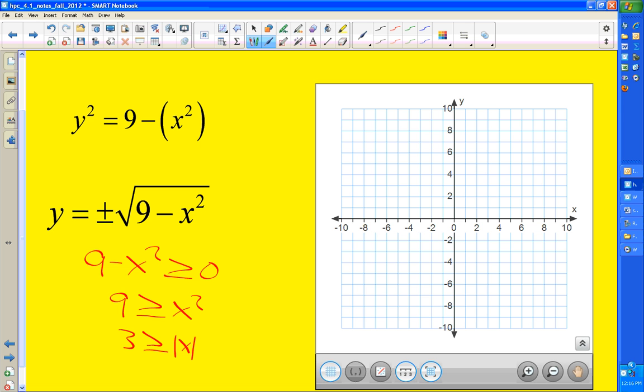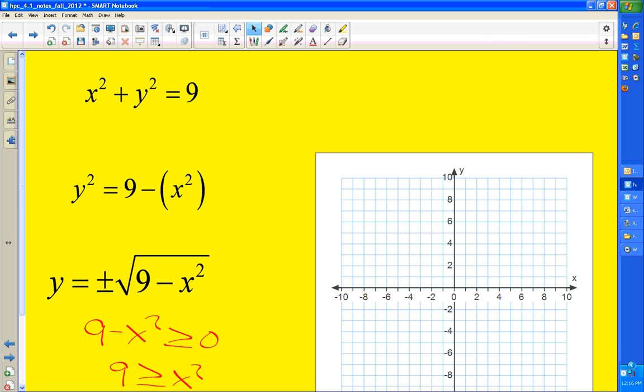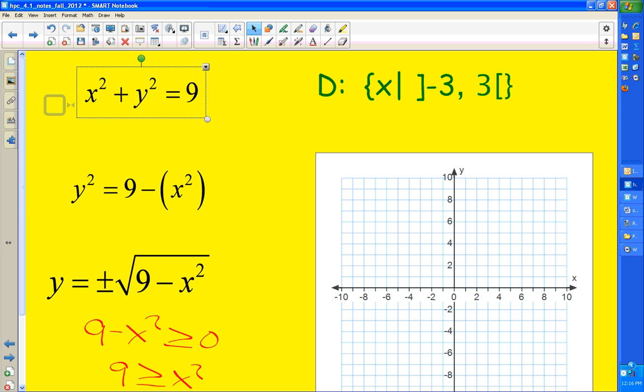If the absolute value of x is less than or equal to 3, you're going to be between 3 and negative 3 on your graph for your domain. So when you look at this domain, between negative 3 and positive 3, that's where your domain values are. When you plug those values in, you're going to get your range values. Take a look at what the graph looks like.